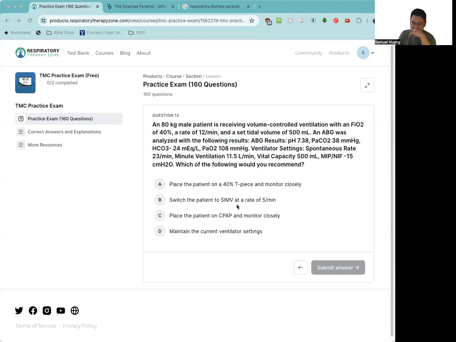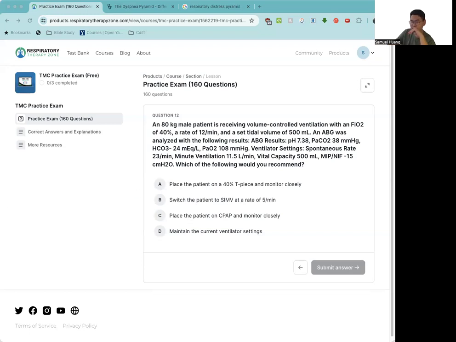However, they found that transitioning from AC and CMV to SIMV to CPAP would take a lot of time and the patient would tire out, and it wouldn't really lead to good outcomes with extubation. They found that skipping straight from CMV or AC to CPAP was better. So B is definitely the wrong answer, and A and C are the same direction.